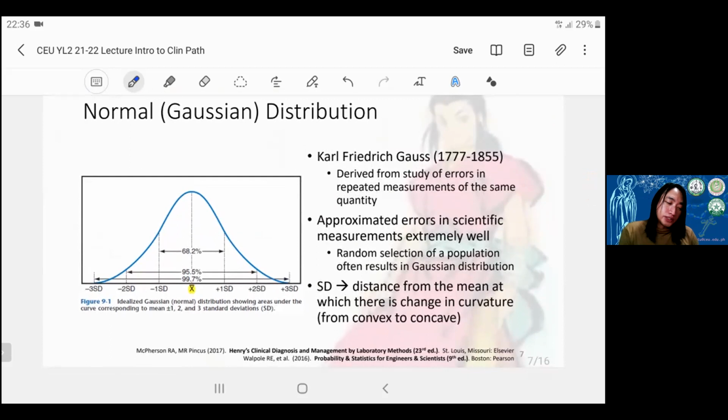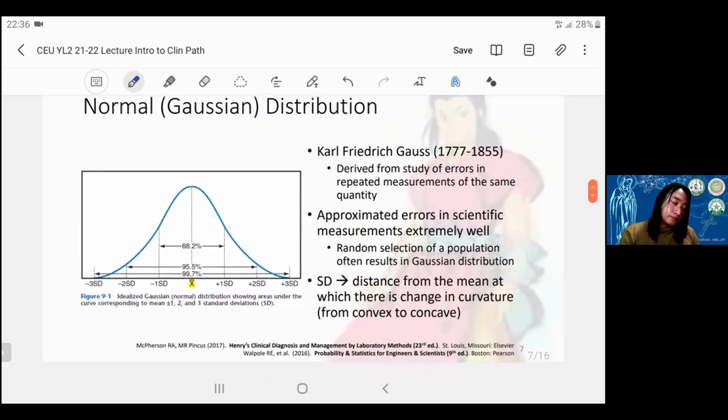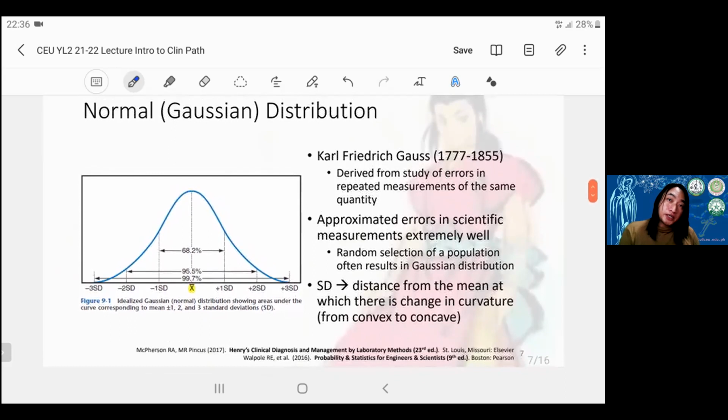So Carl Friedrich Gauss in the 1700s was able to determine the normal distribution. He derived this curve from studying the errors in repeated measurements of the same quantity. So he repeated experiments measuring the same quantity and was able to come up with this distribution curve.